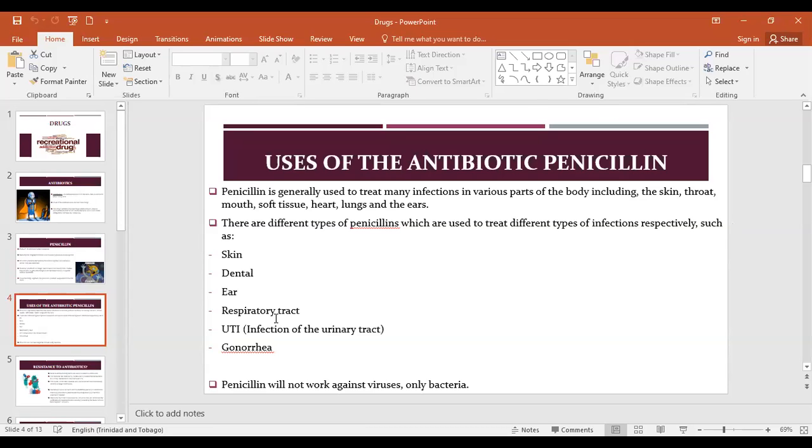Anybody knows how viruses replicate in the human body? Very good. They take over your cells and replicate themselves.